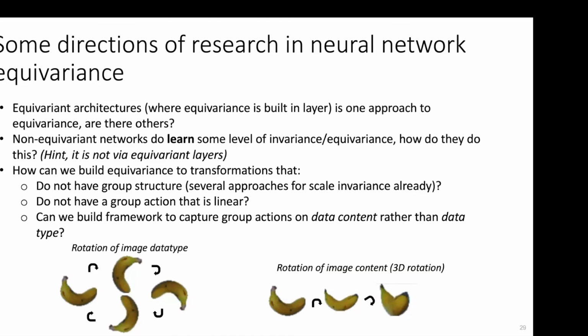Yeah, so the way that folks usually do this actually depends on the representation you're using. For example, if you're using the regular representation for a finite group, it turns out that a lot of the activations that people already use work.